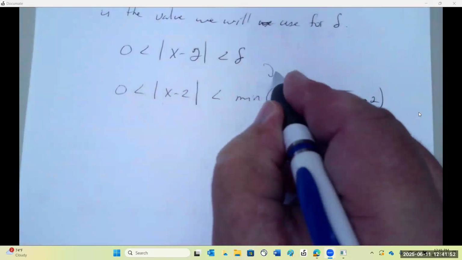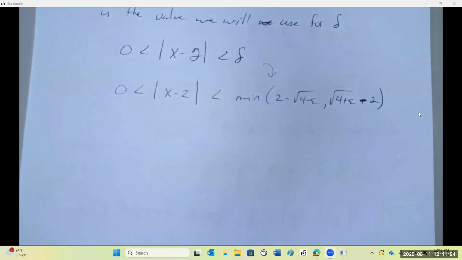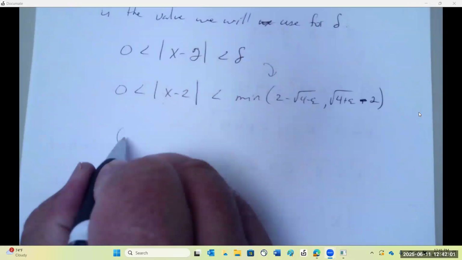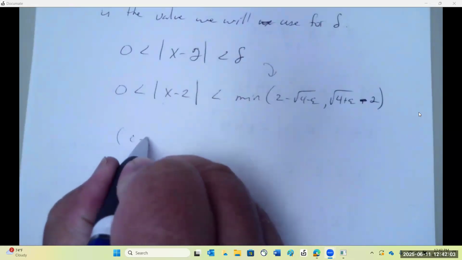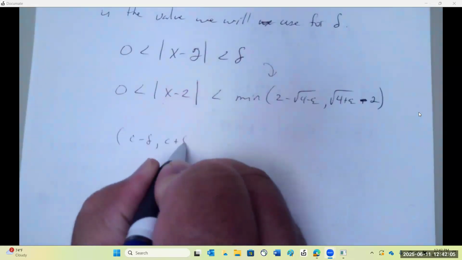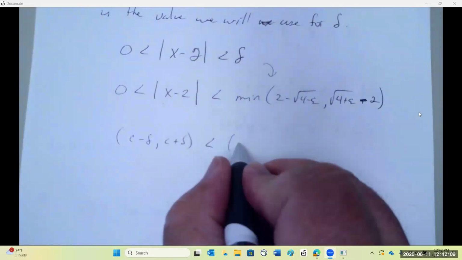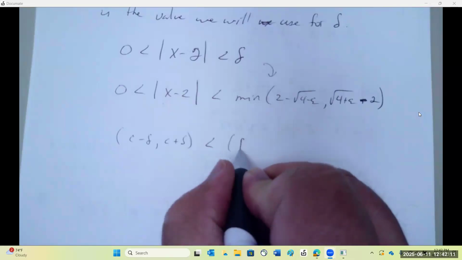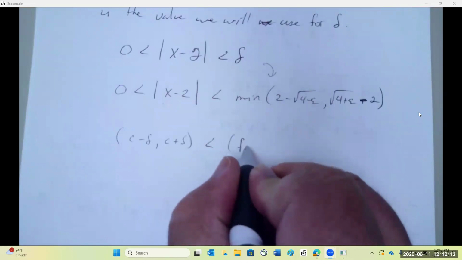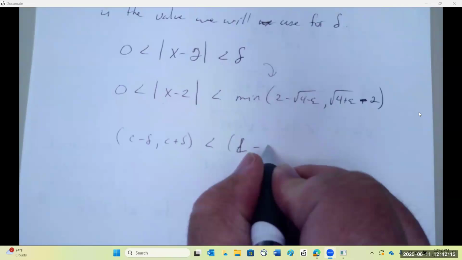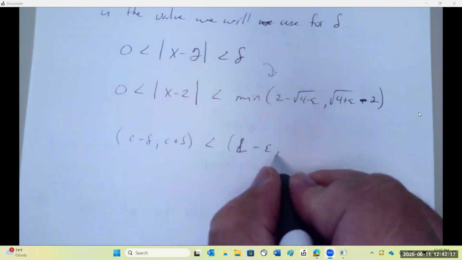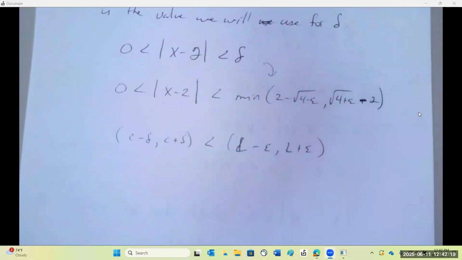Because our delta value is smaller, this will assure us that our inner interval, c minus delta, c plus delta, is going to be inside f of x, our L minus epsilon, L plus epsilon.